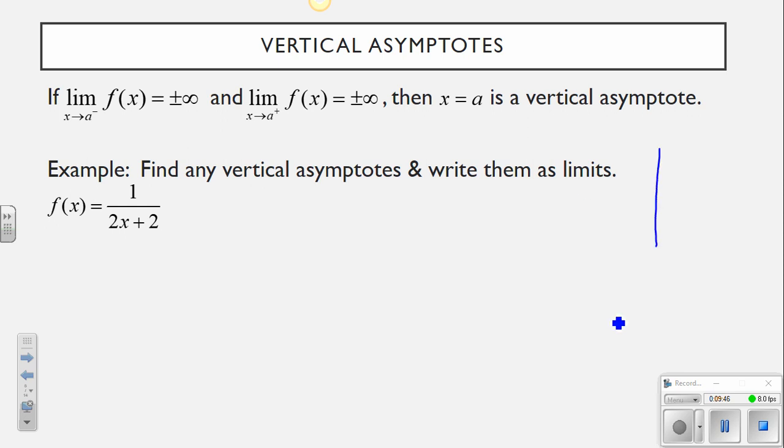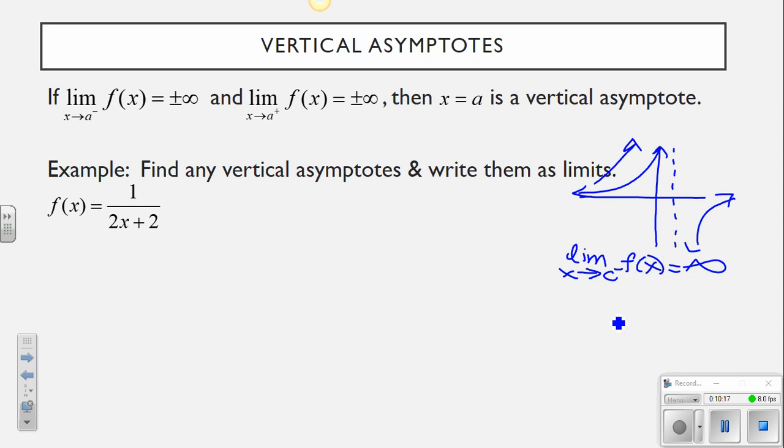All right, so that basically means this. Think about the first graph that you saw. If I have an infinite discontinuity here, and let's say my graph looks like this, approaching from the left, and that approaching from the right, that means that you're going to have a vertical asymptote at that point. Notice here that the limit as x approaches c from the left of f of x, from the left means I'm going to be going towards positive infinity.